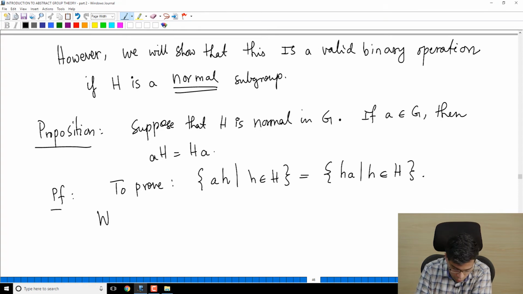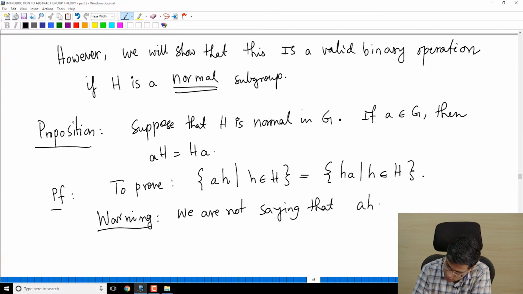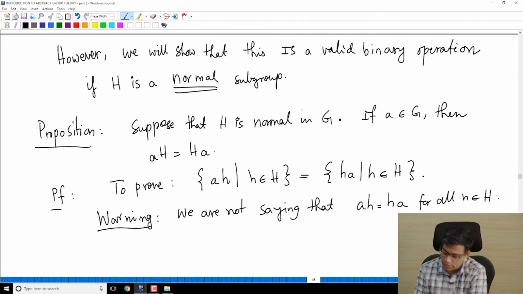An important warning for you: we are not saying ah equals ha. In other words, if I replace capital H by small h here, I can't say this. This is too much to expect.